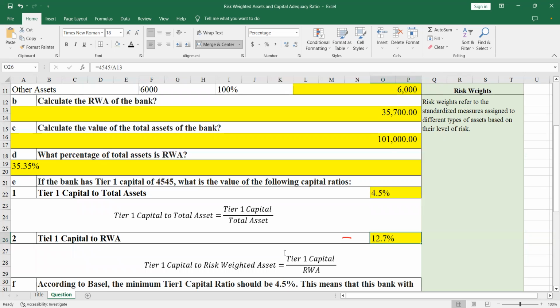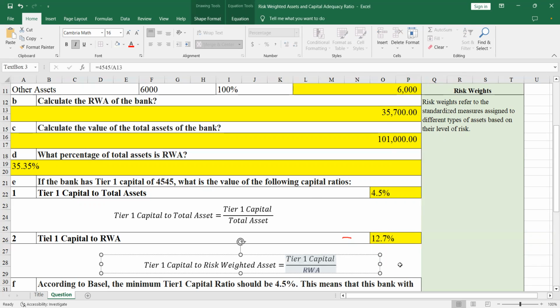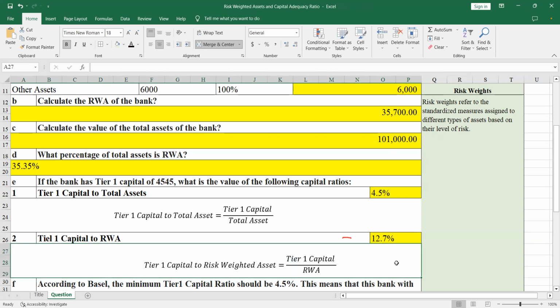What this implies is that of the risk-weighted assets, 12% are financed by tier 1 capital. So if the risk-weighted assets erode because of a high risk scenario in the market, 12.7% of the tier 1 capital will absorb the loss of risk-weighted assets.